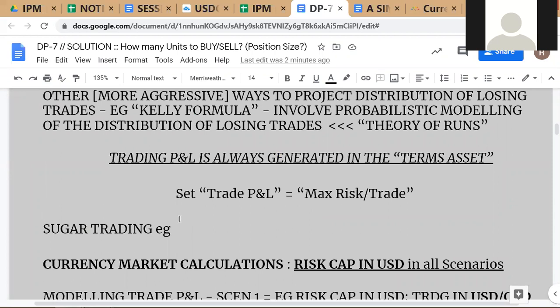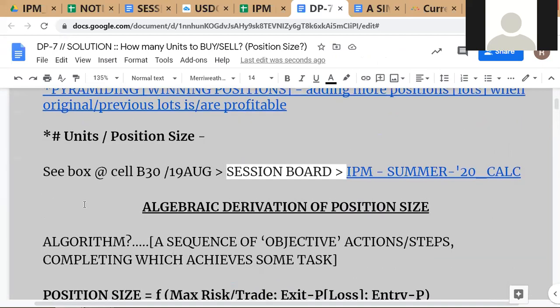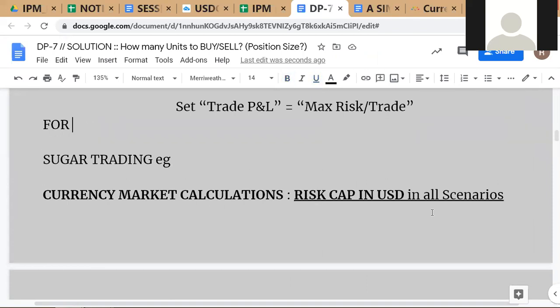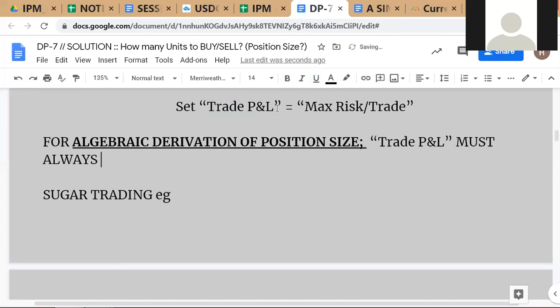Okay, another general principle is that currency is normally written like this, short form.